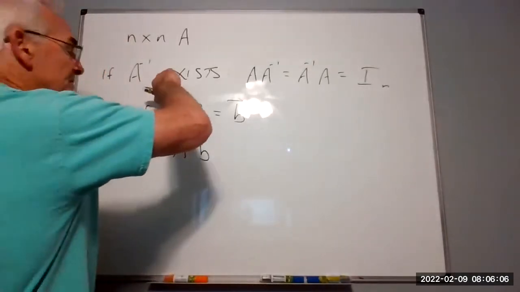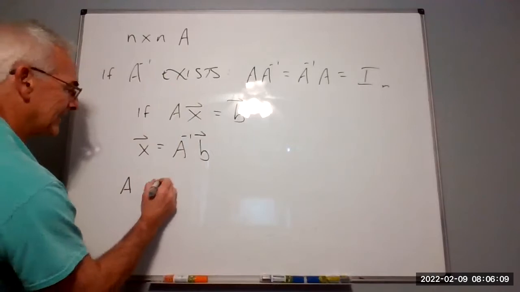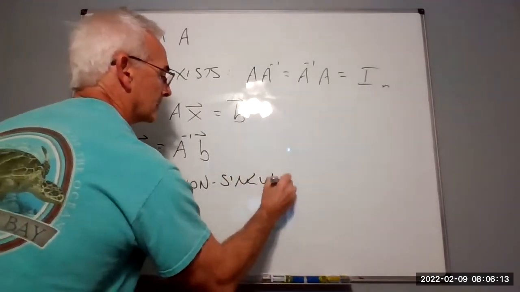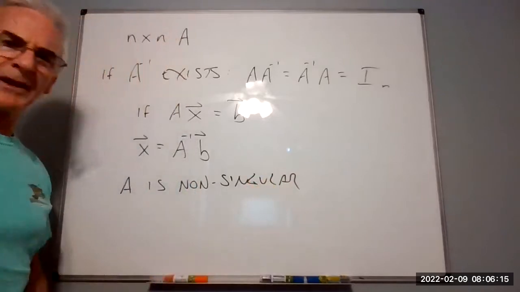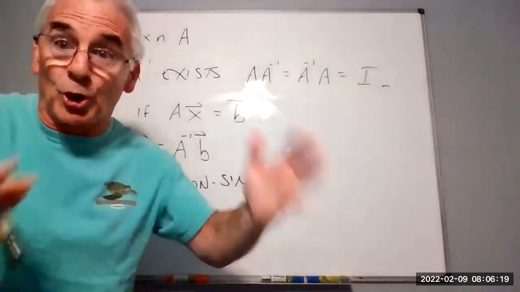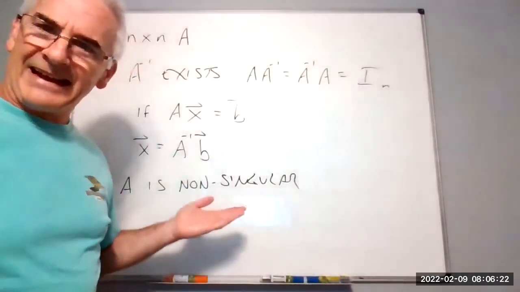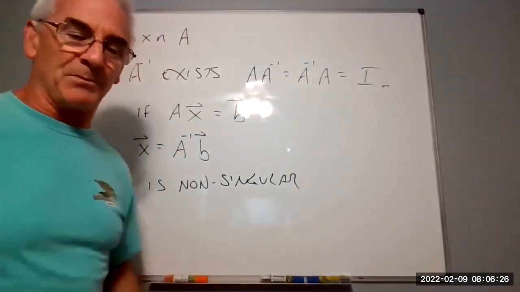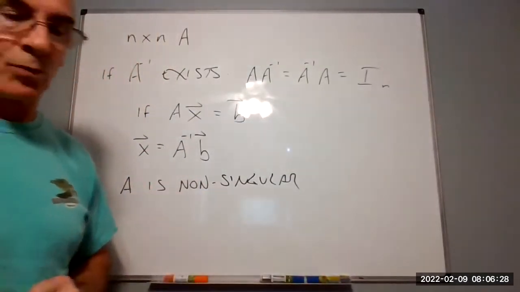Now, if A inverse exists, we say that A is non-singular. Now, that's kind of a strange word. The inverse existing we think of as a good thing, and saying it's non-singular almost sounds like a bad thing. Well, it has to do with the word singular.